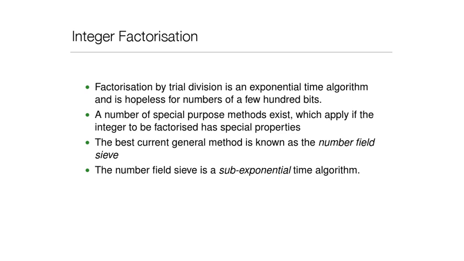Sub-exponential time means it is not really exponential, but not as efficient as what is otherwise called polynomial time. It is not as efficient as polynomial time, but not as inefficient as exponential, somewhere in between. That's the best known solution to factorize integers.